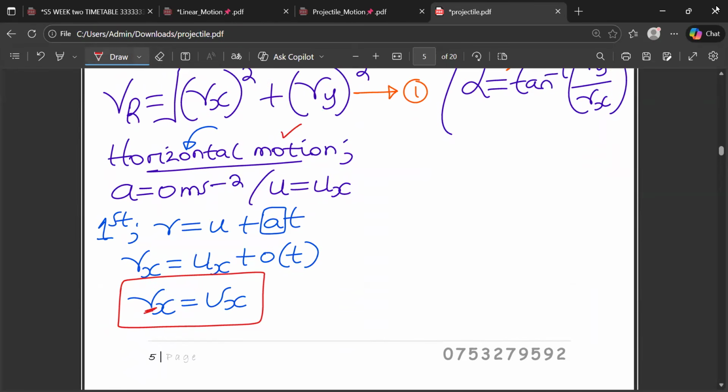The final velocity is equal to the initial one, provided we are maintaining our x-plane or horizontal plane. So you learn that. We are getting it from the first equation of motion. So this is very important. Equation 1: the initial is the final, provided we are dealing with horizontal motion.